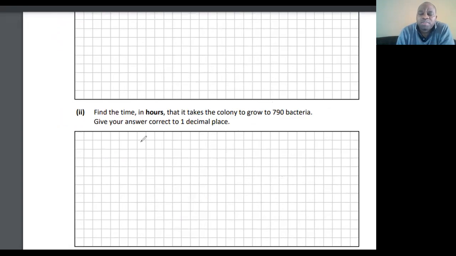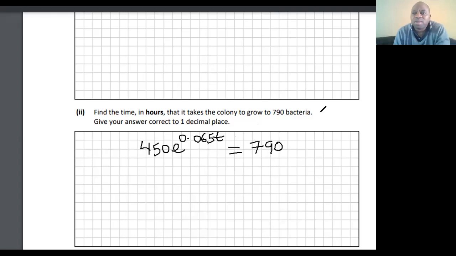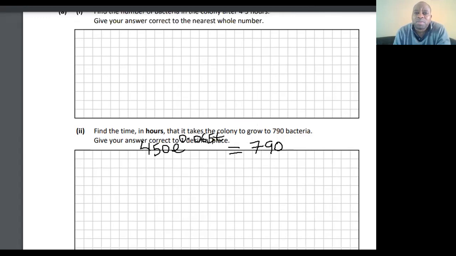So 450 e^(0.065t) is now 790 bacteria. At what time are we going to have 790 bacteria? That is what it means.